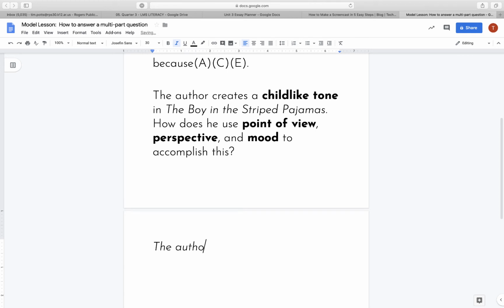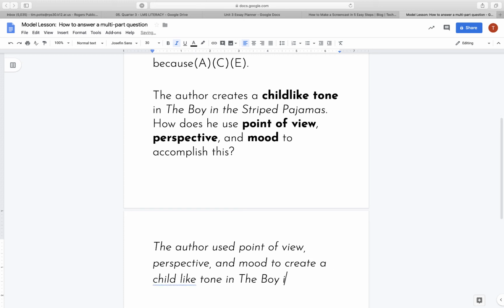So we'll say the author used, let's make it simple, the author used point of view, perspective, and mood to create a childlike tone in The Boy in the Striped Pajamas.